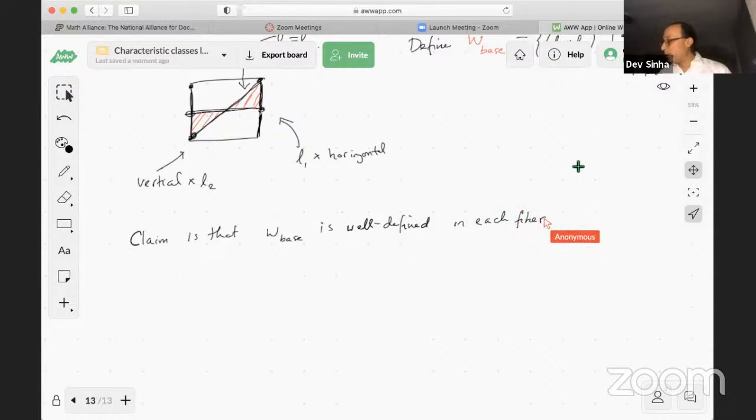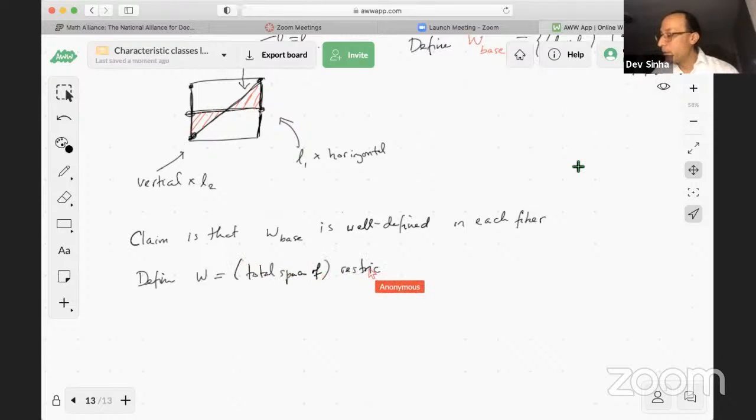So this defines a W base globally, then you define W to be the total space of the restriction of this bundle, gamma 1 cross gamma 1, E plus F, over this W base.